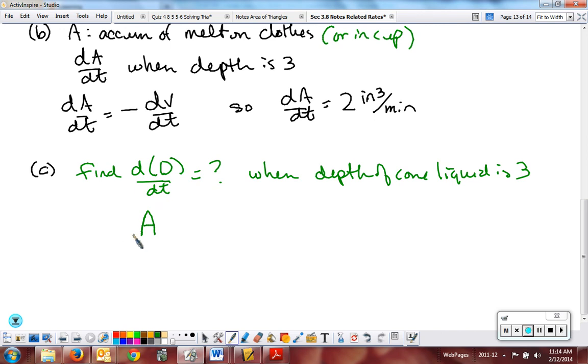And you can also say that's the volume of liquid in the cup. Tell them what it is, just be clear. So how do I get the volume in the cup? Pi r squared h, but r is 1, so 1 squared, or pi h.